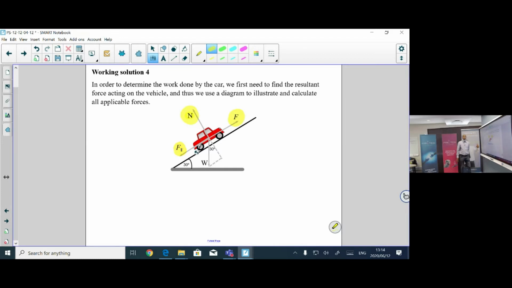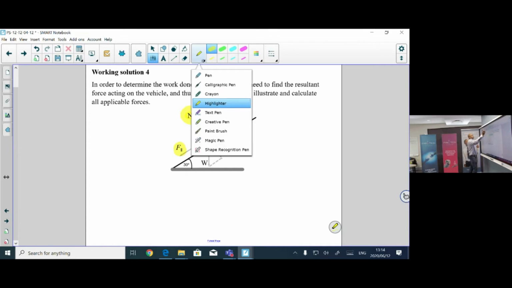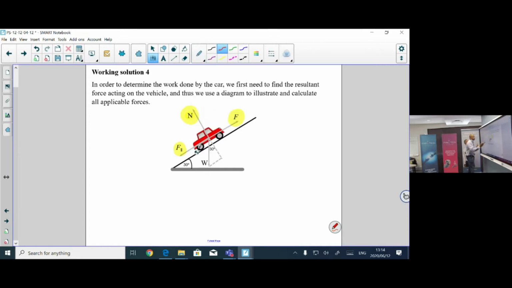Yesterday we talked about F parallel. We talked about W parallel. Now we have two things, because we are aware that we have a friction. We have a friction that is taking part here. We have to show it. If you look at that, we have a friction here that is opposing. That is F of K.